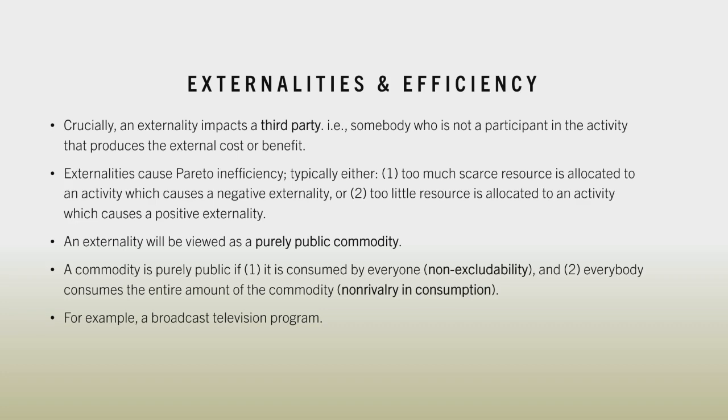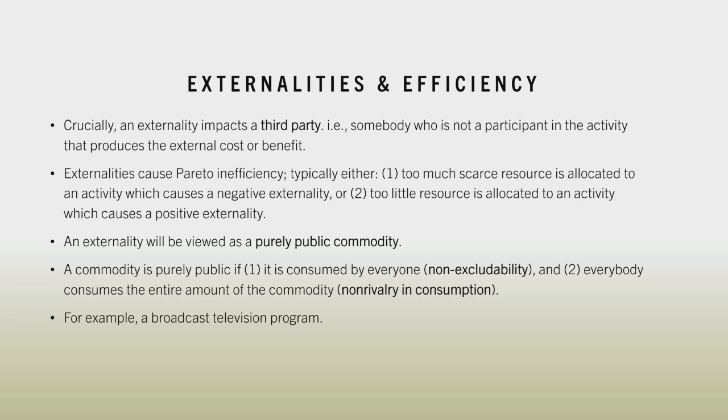When they cause Pareto inefficiencies, it's because mainly the demand of a specific good is different to the social optimum demand of that good. Now, if it is a positive externality, then the social optimum demand will be higher. If it is a negative externality, the social optimum demand will be lower. Okay, so it depends on what we are talking about.